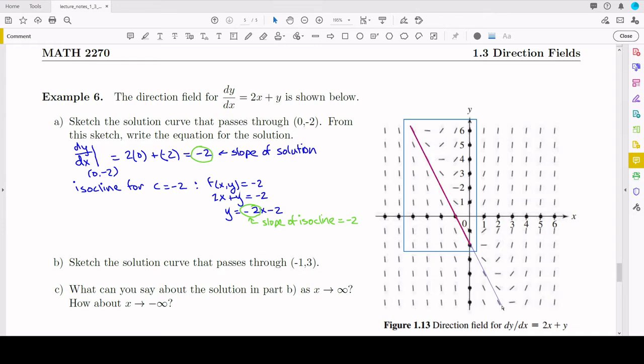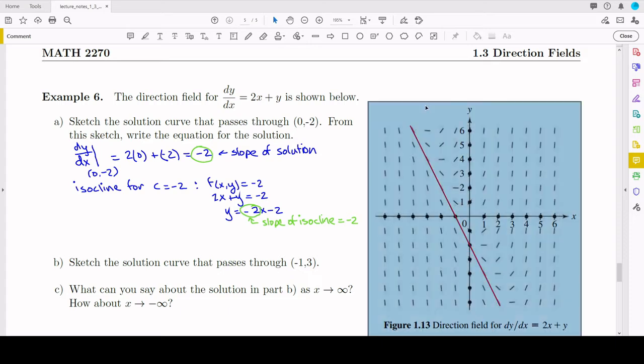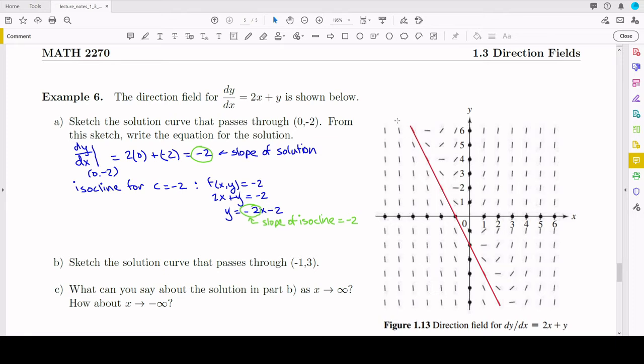You see they match up perfectly there. And so this right here is our solution through 0, negative 2, and then the equation for the solution is the equation of the isocline.